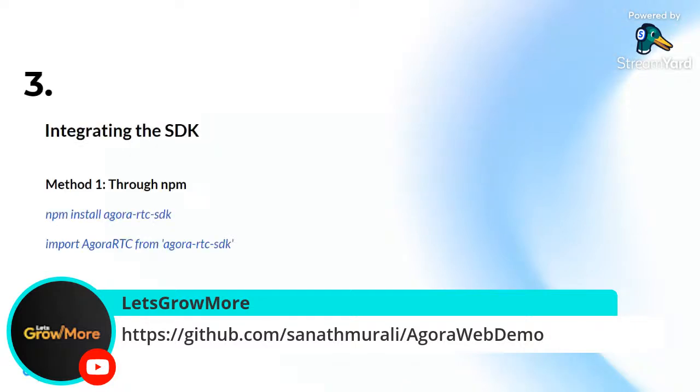The third thing which we'll be doing is integrating the SDK. Integrating the SDK is really important, but in this case, I have already integrated the SDK into the project. There are a bunch of methods we could use. First will be through npm. If you have a node package manager, you can write this command in your terminal and just boom, you could download the SDK.